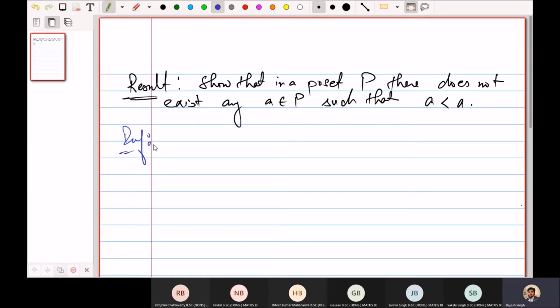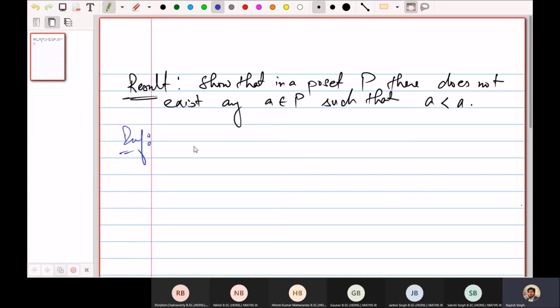It's simple. You have to use two properties, reflexivity and antisymmetry. Reflexivity से A is related to A आएगा, और फिर antisymmetry से you can bring the equality there.